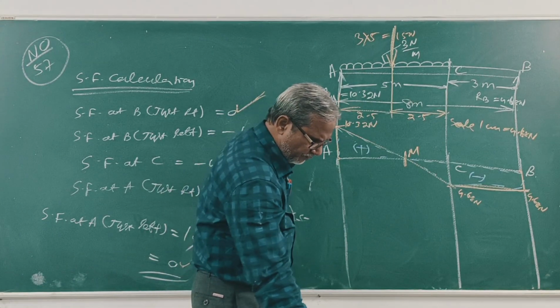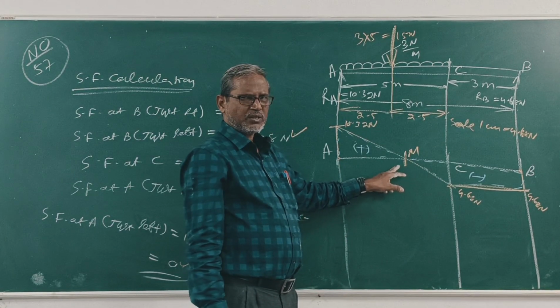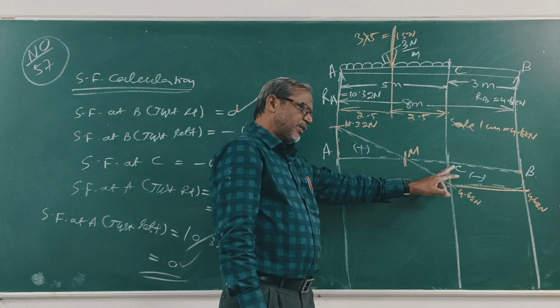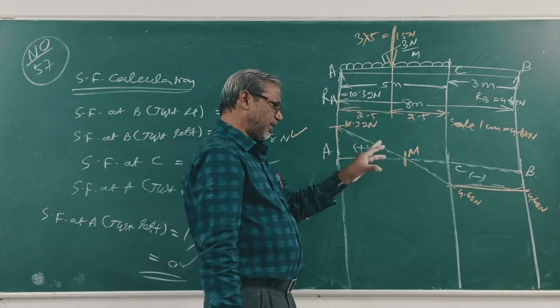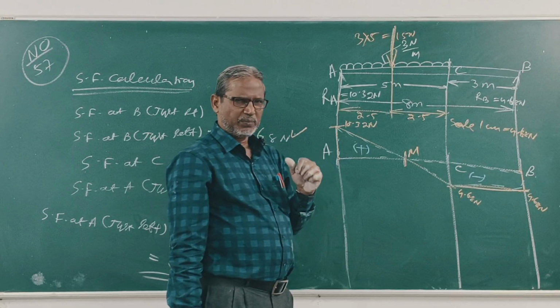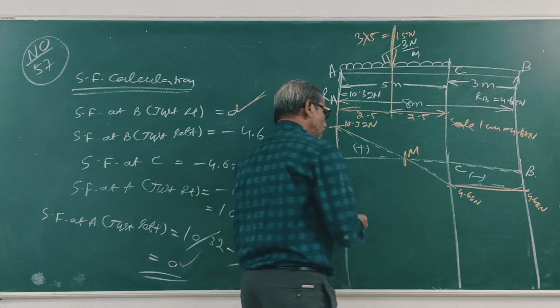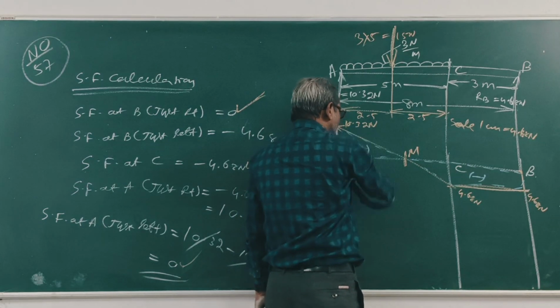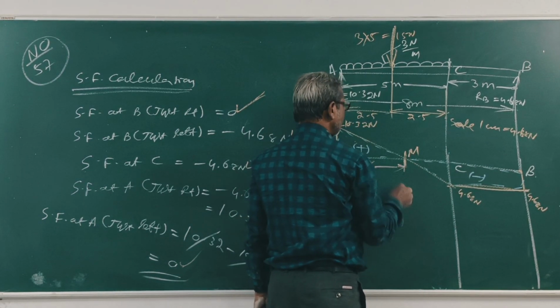At point M, the shear force changes sign from negative to positive or positive to negative. So at this point, the BM is maximum. First find out the point M. Where is the point M? Suppose this distance x.